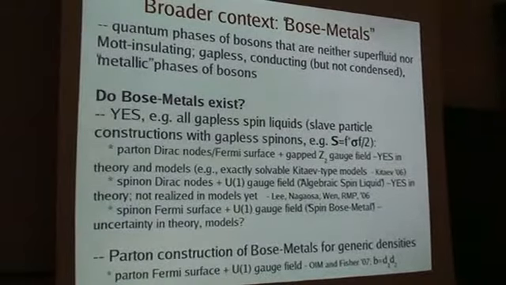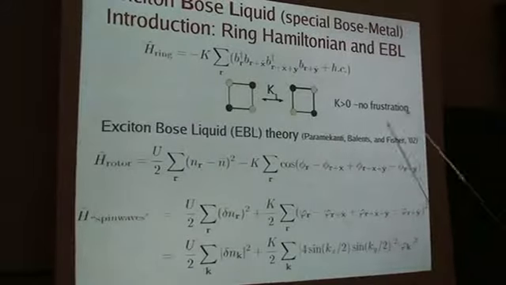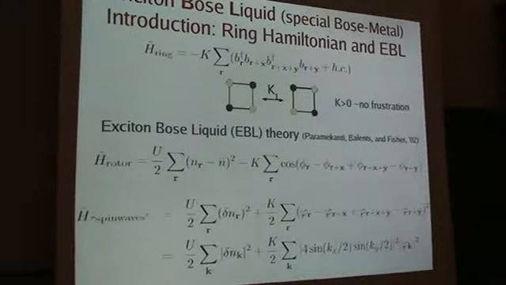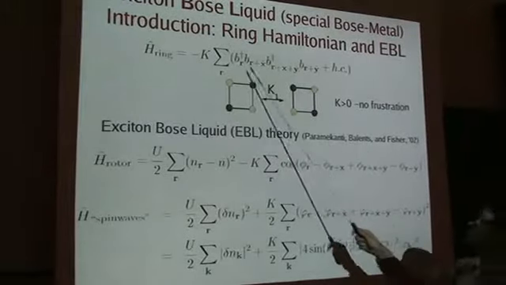So now the precise topic of this talk is the so-called exciton Bose liquid, which I want to present as a special kind of Bose metal type phase. And this was discovered about 9 years ago by Paramekanti, Balents, and Fisher, thinking about possible ground states of bosonic models with strong ring exchanges.